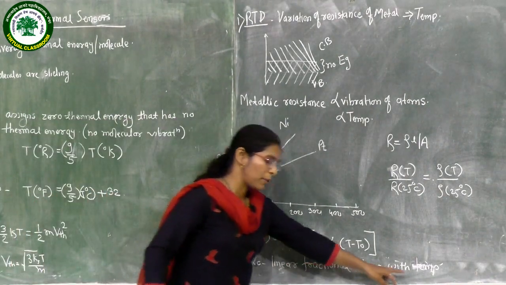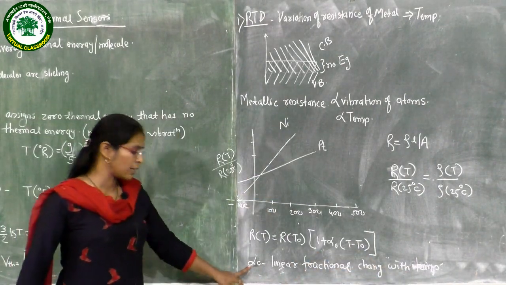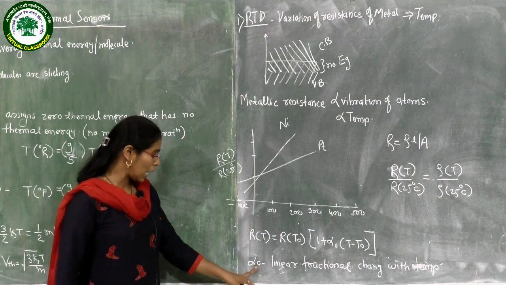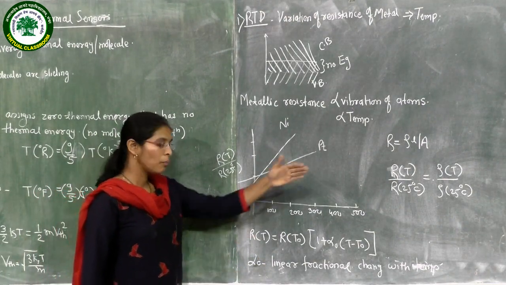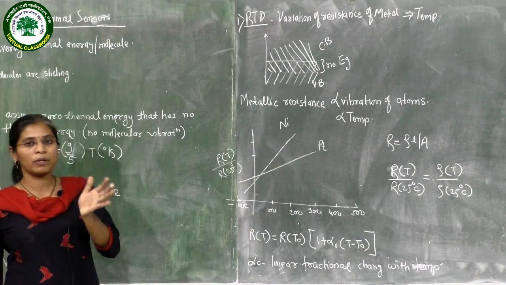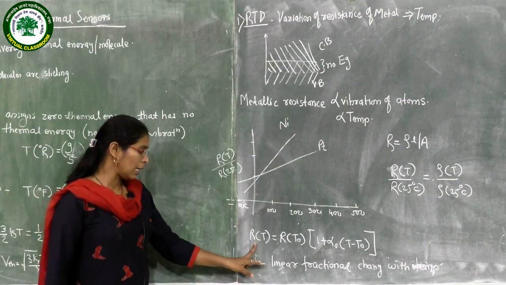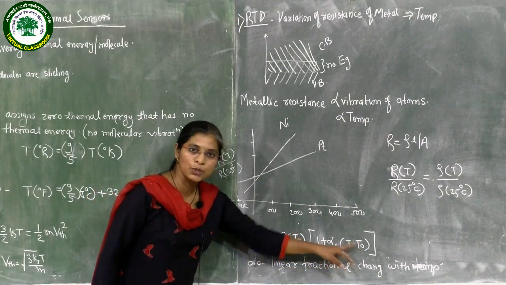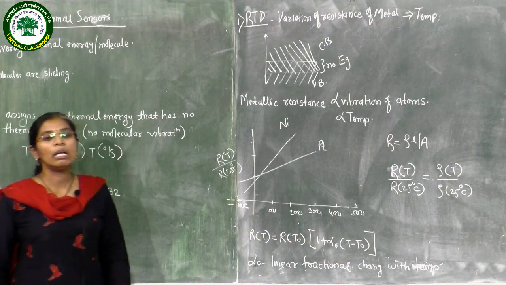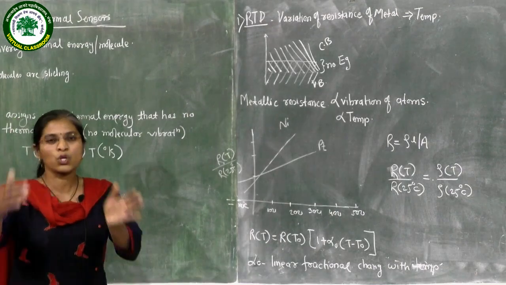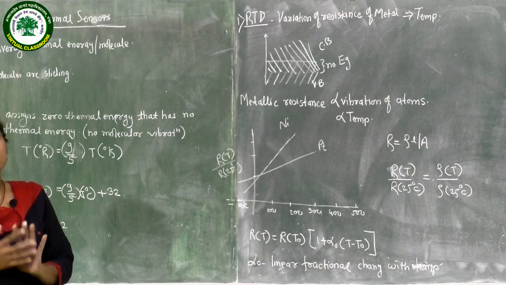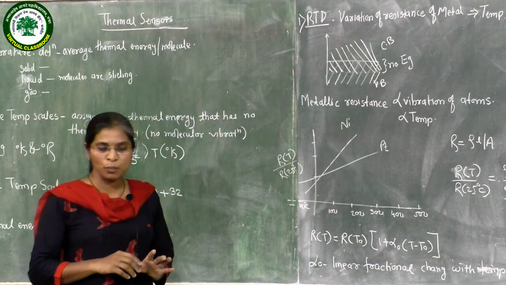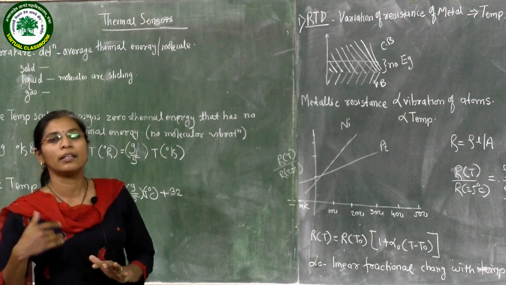If we change the temperature, how resistance changes is represented by this alpha 0, and it has unit per degree Celsius or per degree Kelvin. So RT equals RT0 times (1 plus alpha (T minus T0)) is used for linear approximation or for a shorter span of temperature. The quadratic approximation part of this RTD we will see in the next lecture.